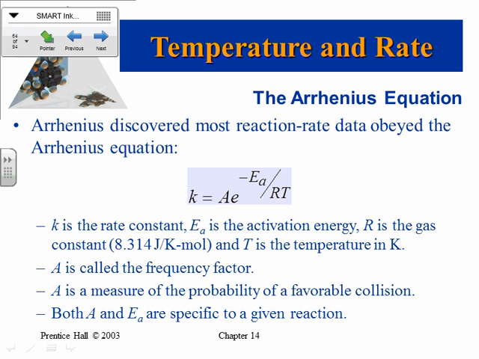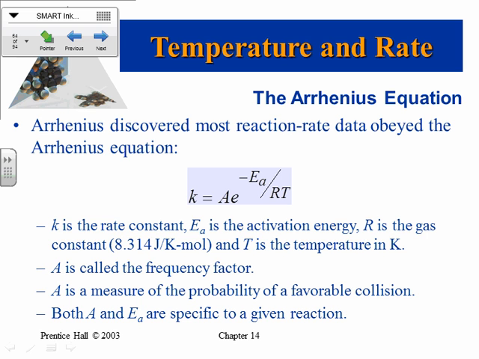So k is the rate constant, which we're familiar with. A is what's called the frequency factor, and that's going to be different for every reaction. It's a measure of the probability of a favorable collision. That has to do with how big the molecule is and how many different ways this thing could collide with something else, so it takes the orientation factor into account.